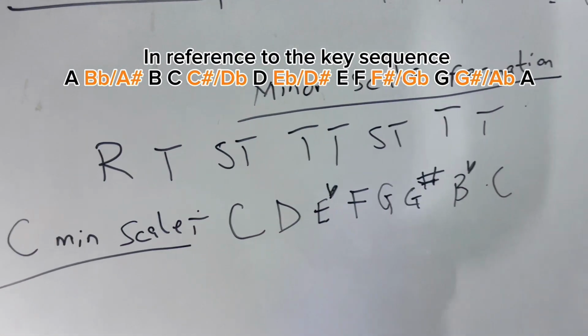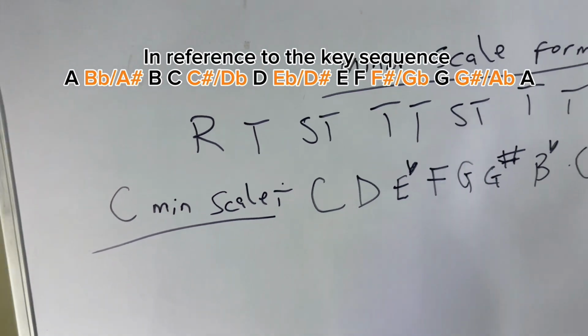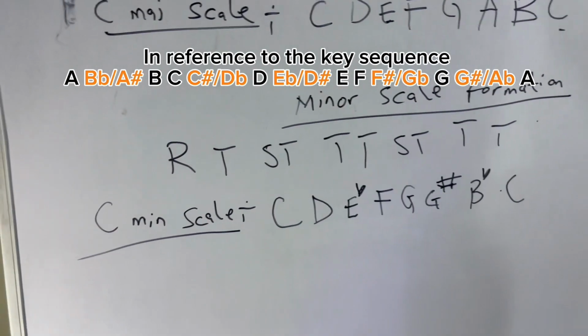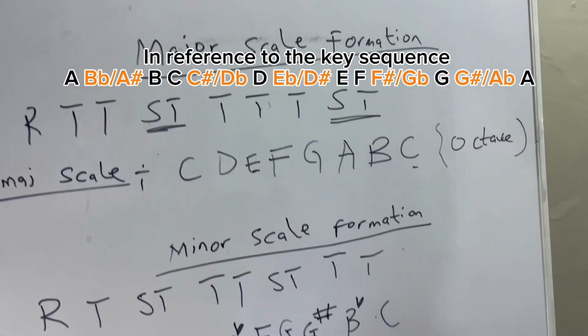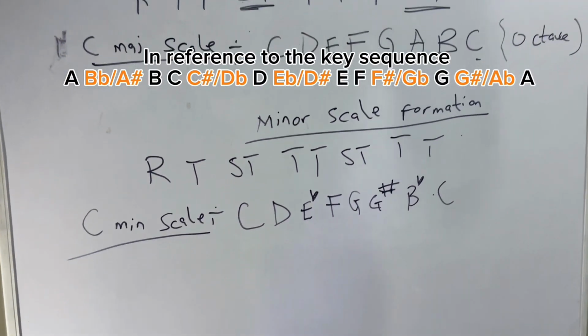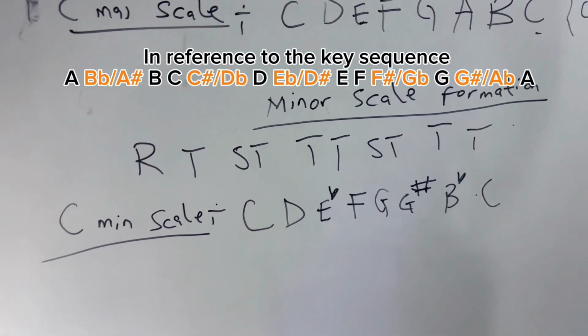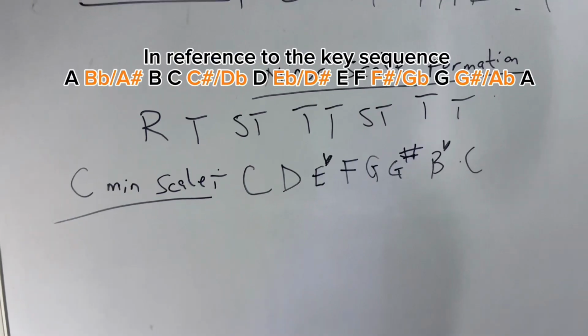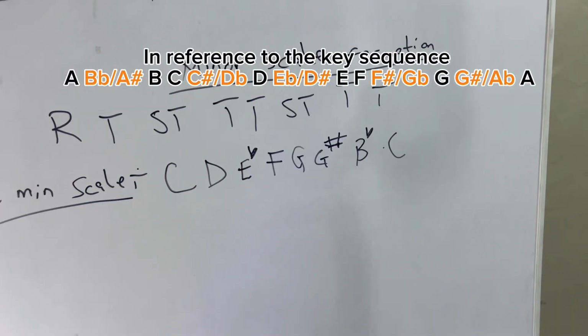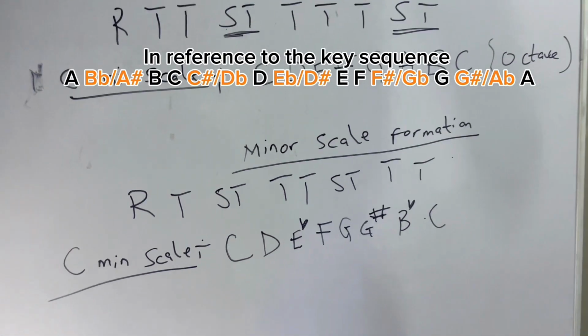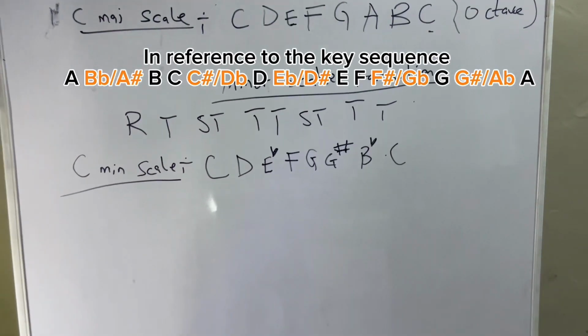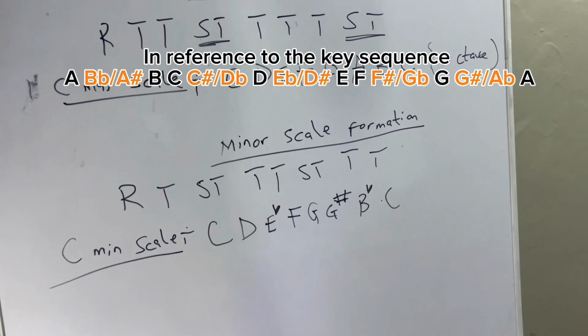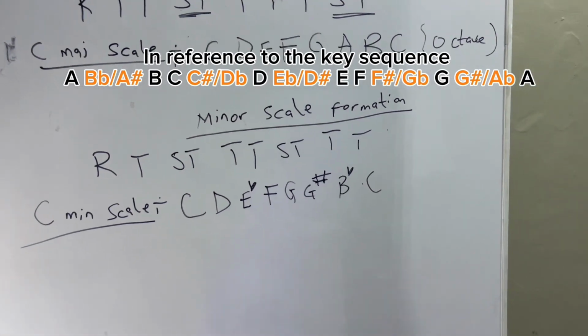So in this lesson, you have to know how to play the major scale in different positions, and the minor scale too. You have to understand how it is formed, not just how it is played. You have to know the theory behind it.